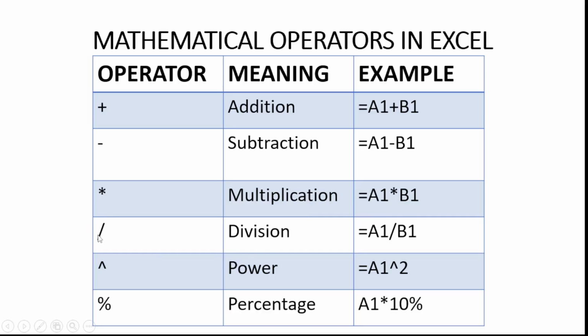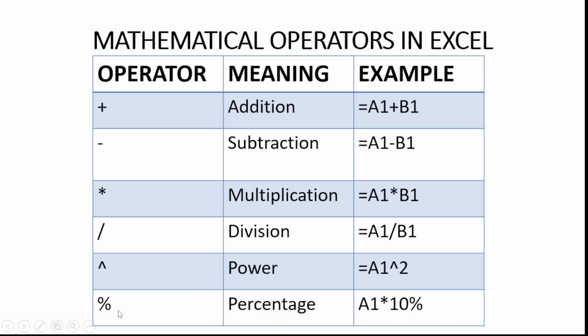Remember, multiplication and division use unique symbols. For multiplication, we use the asterisk symbol. Then for division, we use this slash here, not the other normal division symbol that we know. And then for a power or an index, we use this symbol which is facing up. For example, if you want A1 power 2, you basically enter it like this.